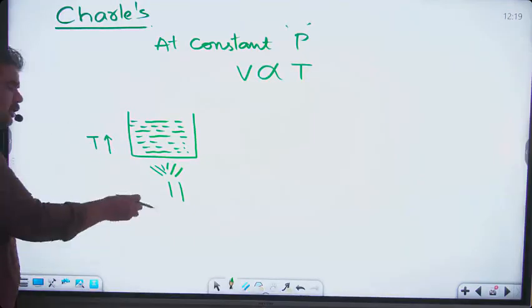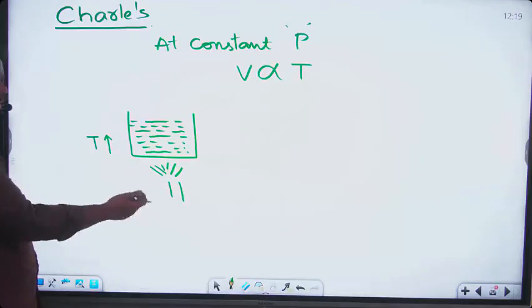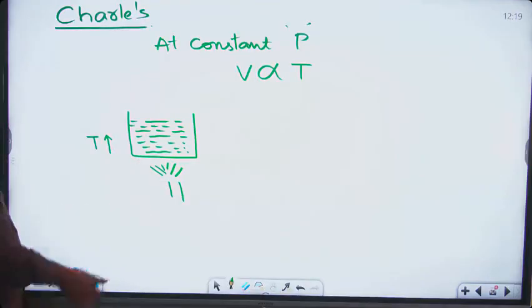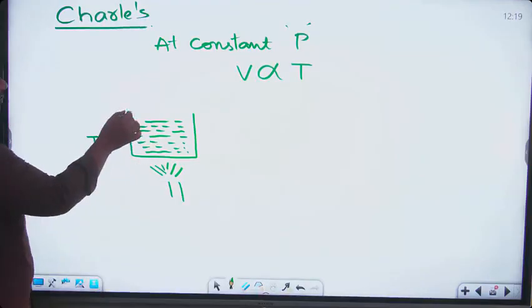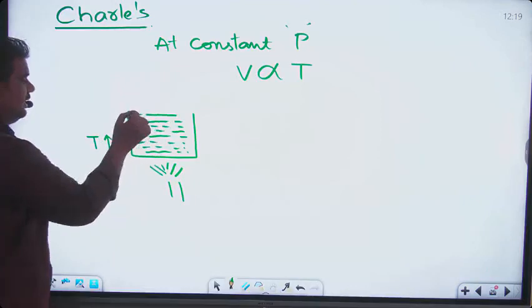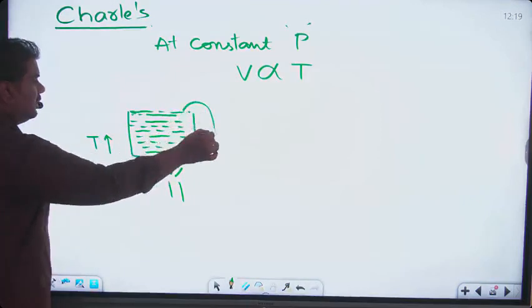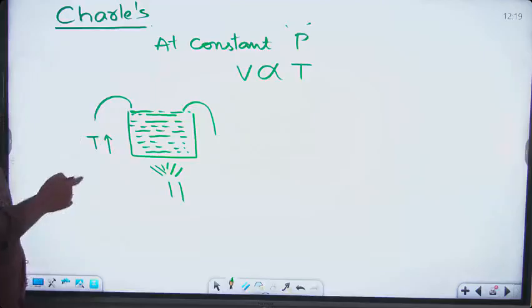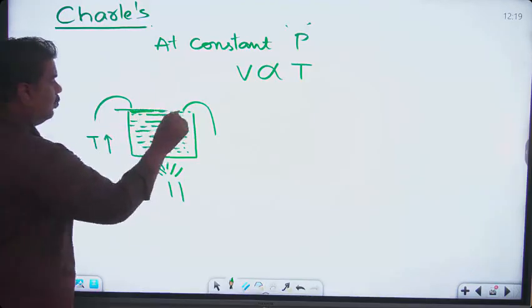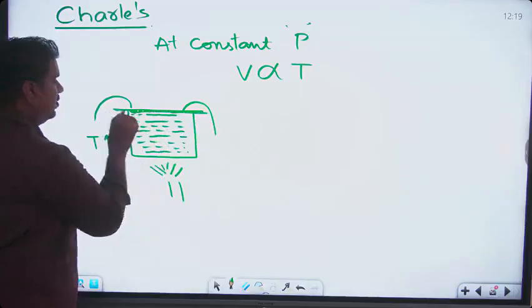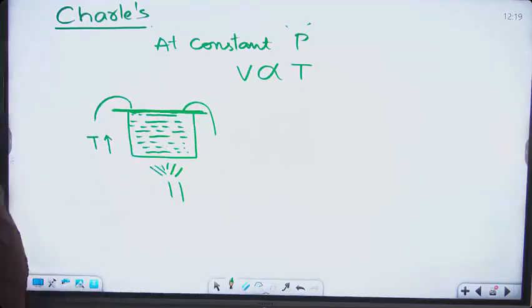If you continue to heat for 5 or 10 minutes, then the level of the milk will start slowly increasing, and at one particular point, the milk will start overflowing. At that time, for example, suppose that you have placed a lid, a cover.